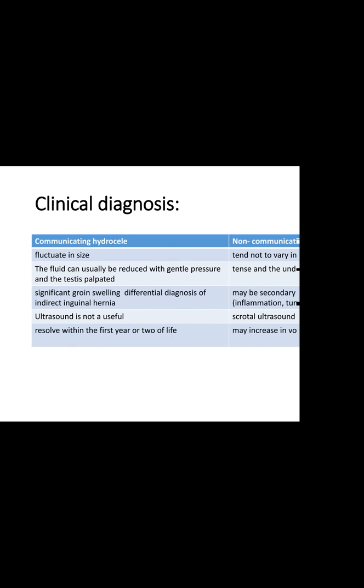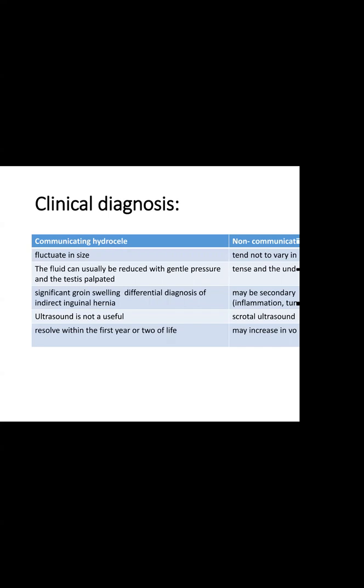And normally, the communicating hydrocele is going to resolve because it's mainly a defect in the abdomen, mainly due to preterm delivery, or a defect where, as the abdominal muscle increases in size and the baby grows up, it is going to close spontaneously in most cases, so you're not going to need any surgical intervention.